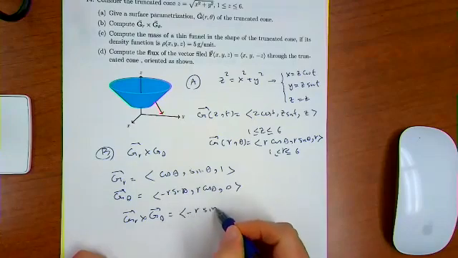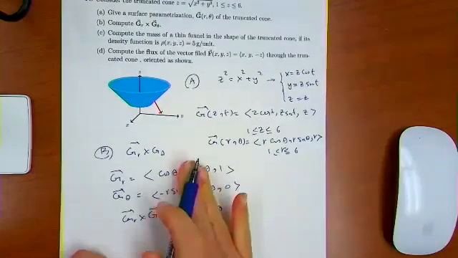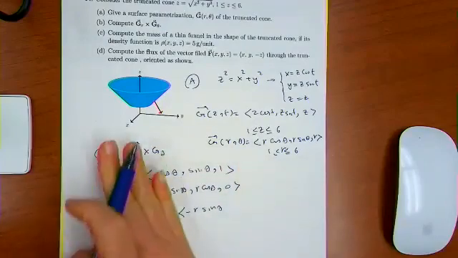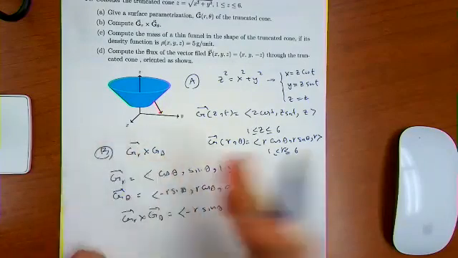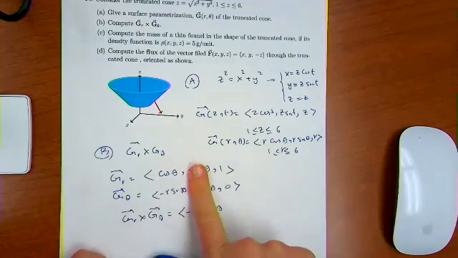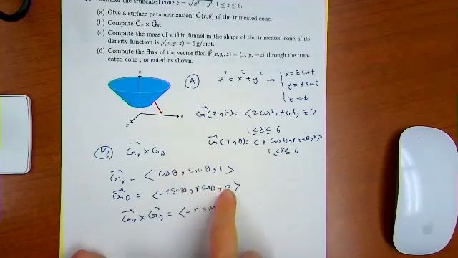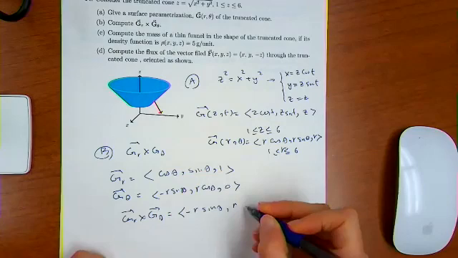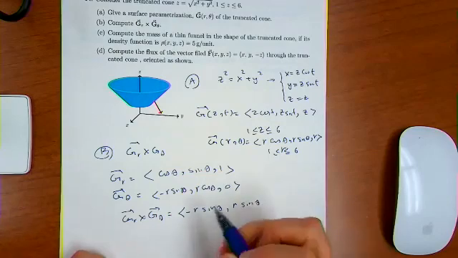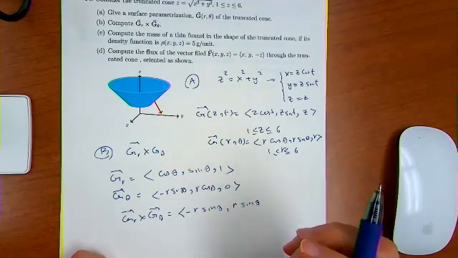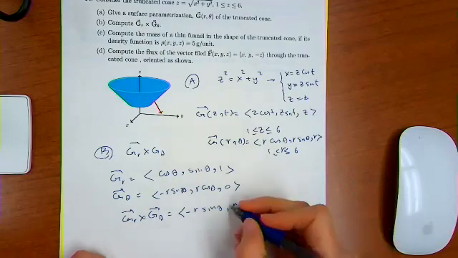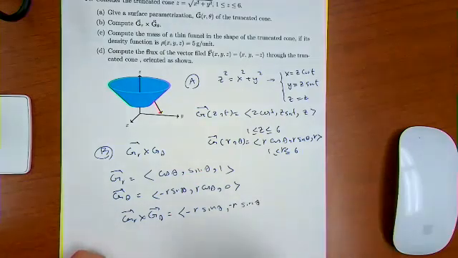negative R sine theta for the first component when I cover the first column. Now, if I cover the middle one, I get negative cosine theta times 0 minus R sine theta, with the negatives, so it's positive R sine theta, with the negatives, there were 3 negatives involved.